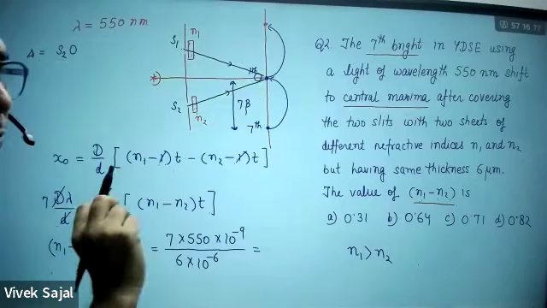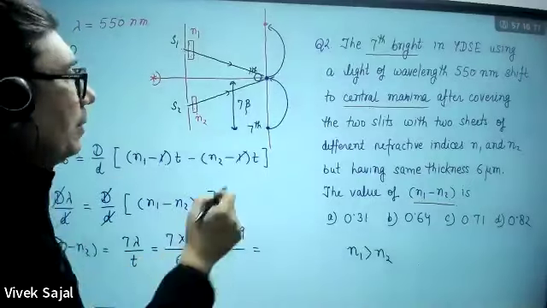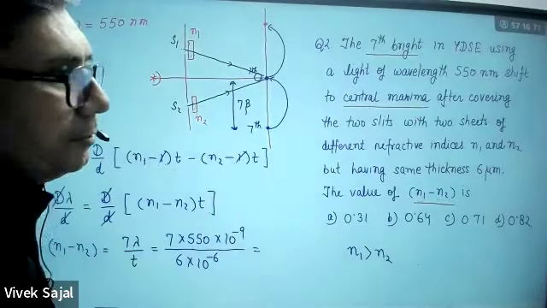Okay? Earlier without the glass plate, this was S2O. But due to this plate, some extra path is introduced.